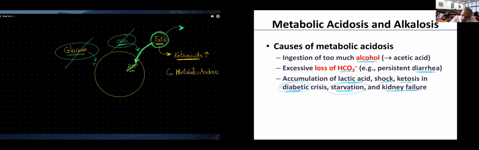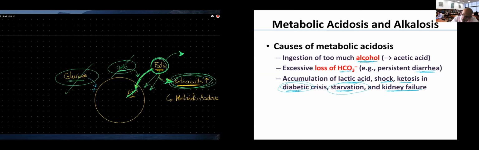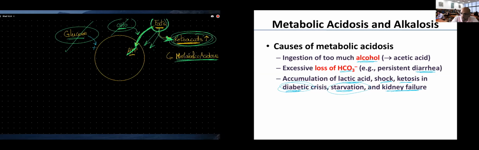If I don't have energy, I will keep breaking down fat, but at a certain point, this fat will stop. And what's going to happen? It's going to be transformed into keto acids. And those keto acids, if they build up in large amounts, this puts the person at risk of developing metabolic acidosis.